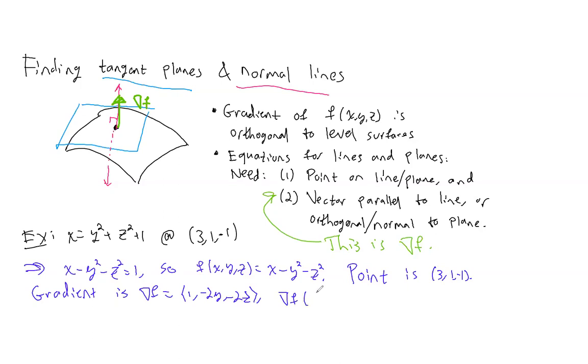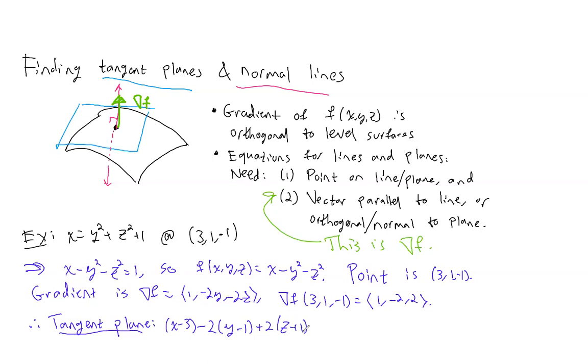So the gradient of f at the point 3, 1, negative 1 is going to be 1, negative 2, 2. That's about it. So now we're basically there. We can say in this case that the tangent plane is (x minus 3) minus 2(y minus 1) plus 2(z plus 1) equals 0.